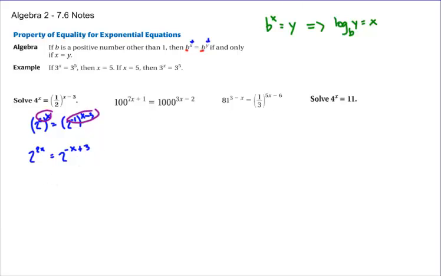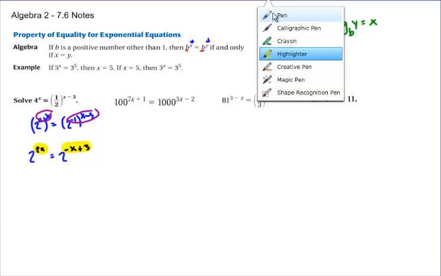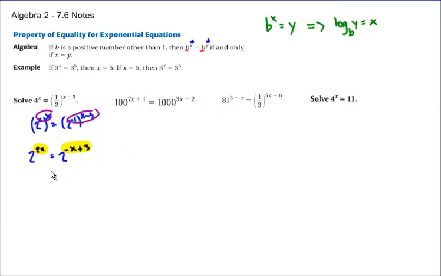And so once I get here, I can set these exponents equal to each other, and I'll be able to solve for my missing value of x. So here we go. We're going to have 3x equals 3, or x equals 1.